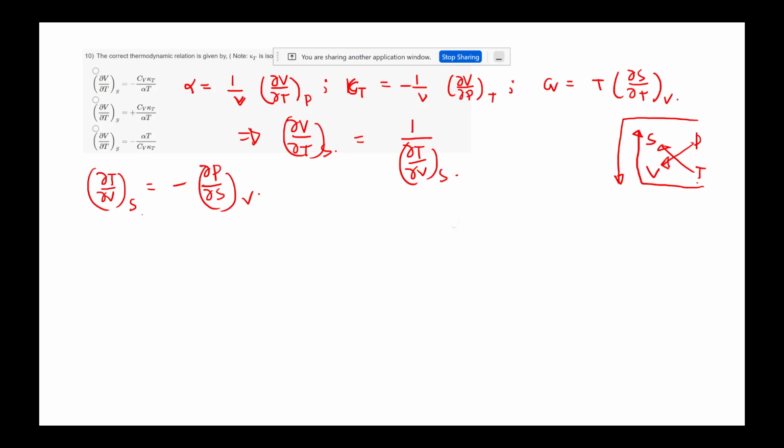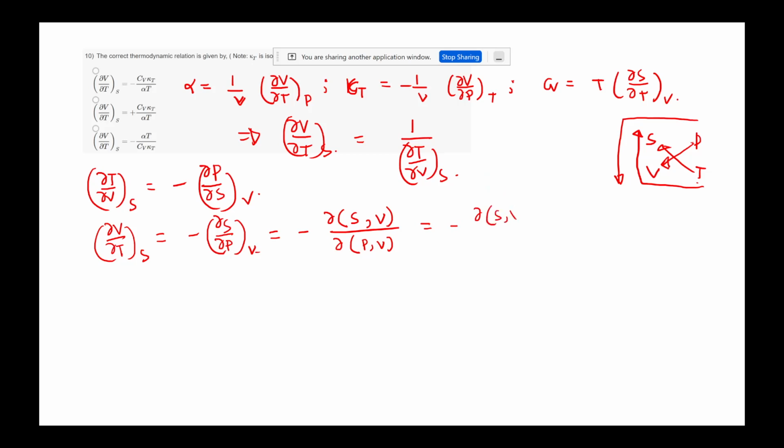Now if you do this, then del V del T at constant S will be minus del S del P at constant V. To write it in Jacobian form, it will be S and the constant term, and del P del V. Now I want to make S T at constant V, so I will flip it like this: delta S V by delta T V, times delta T V by delta P V. From here you will get CV.